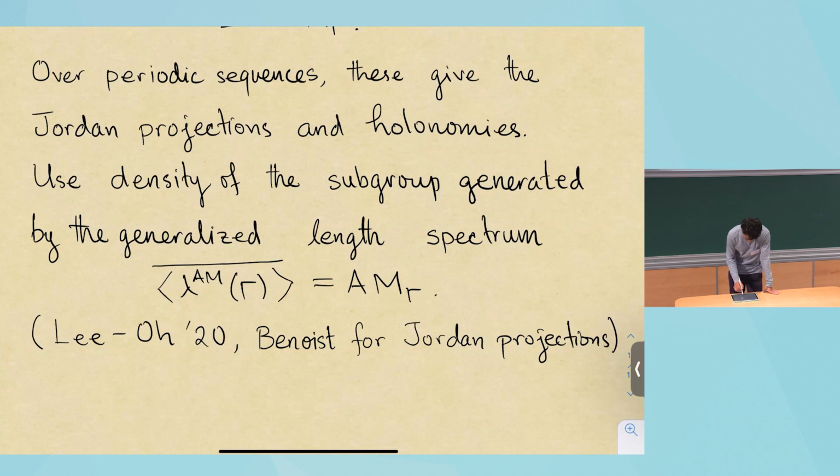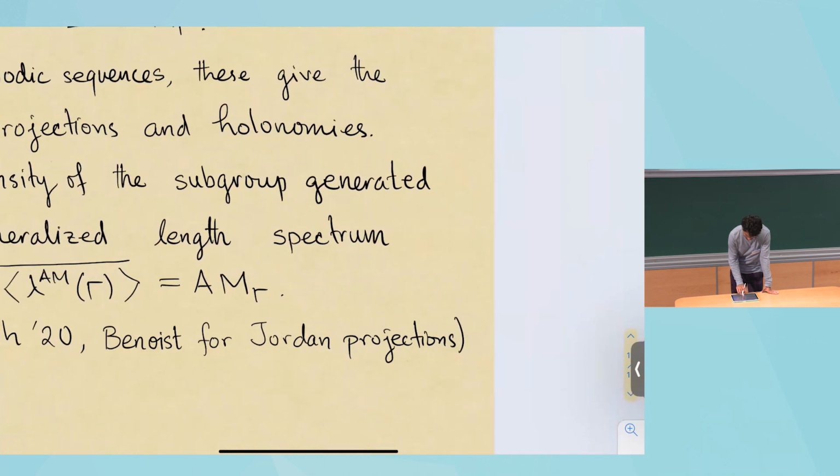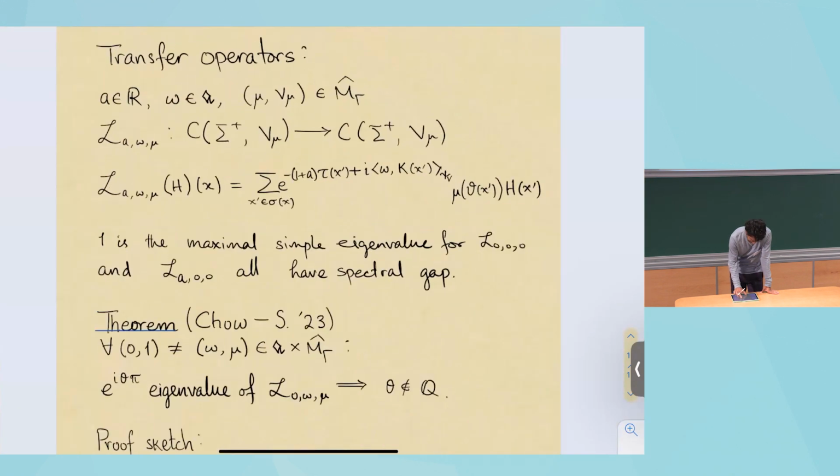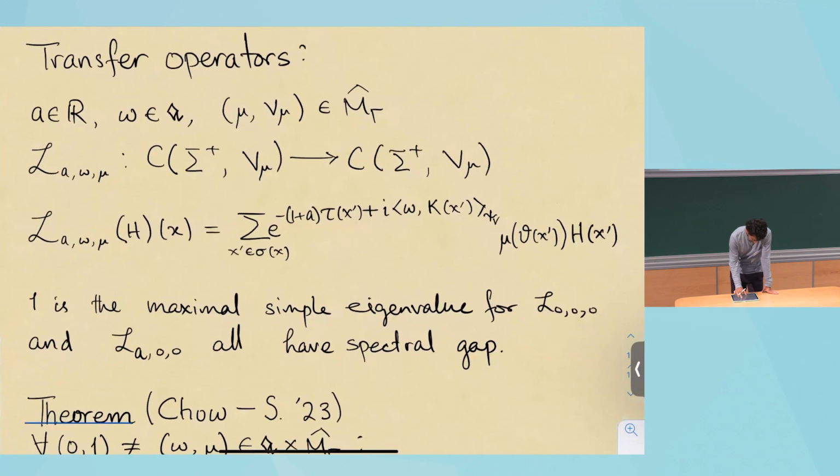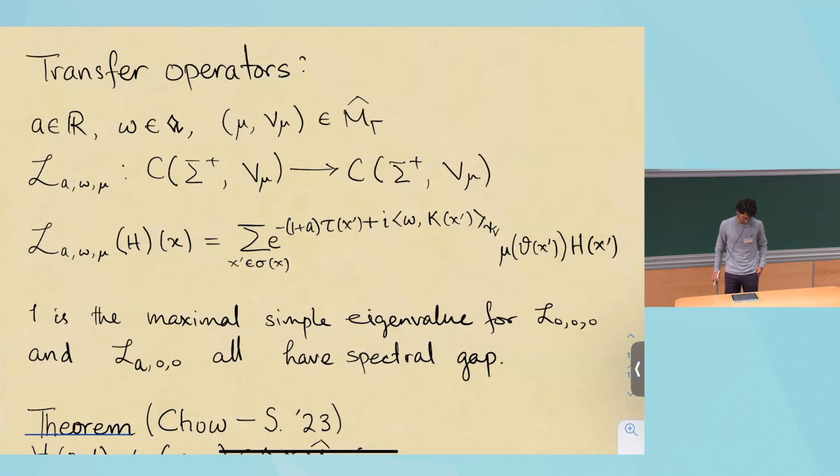If you ignore the holonomy part, this is a result of Benoist, and Leo generalized this, so this is the generalized result.